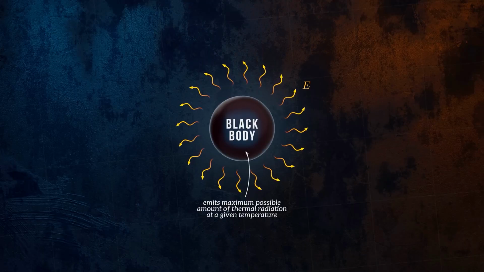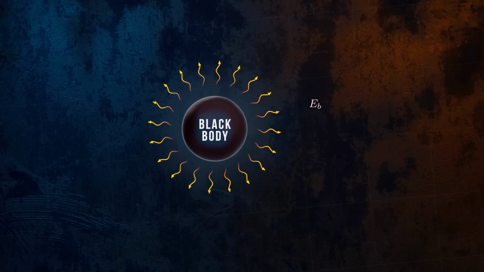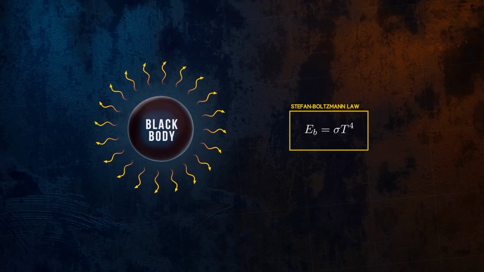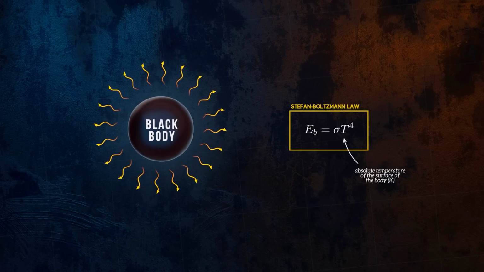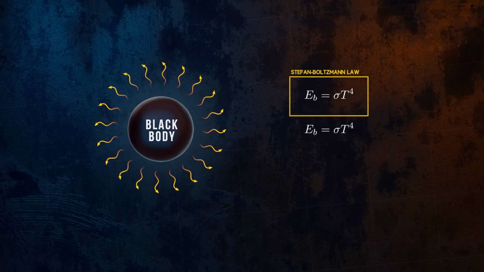Next we can learn about the ideal object, which is the perfect black body. To understand thermal radiation, we start with the idea of a perfect object called a black body. This is an object that absorbs and emits the maximum possible amount of thermal radiation.